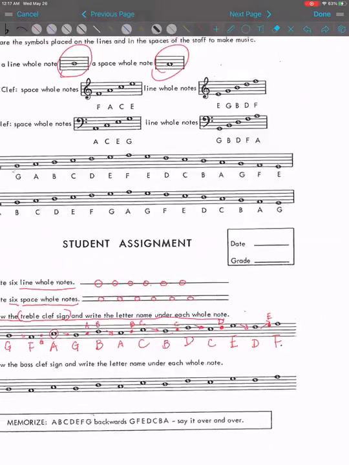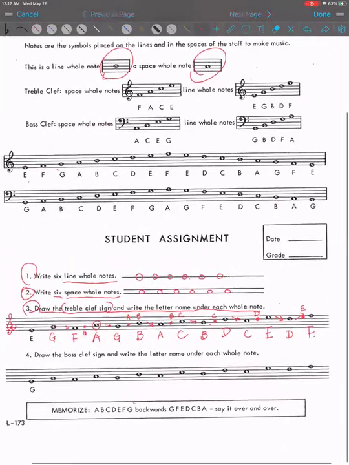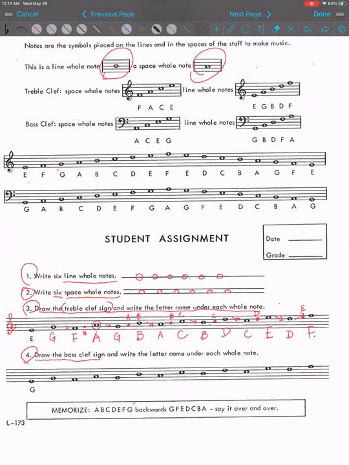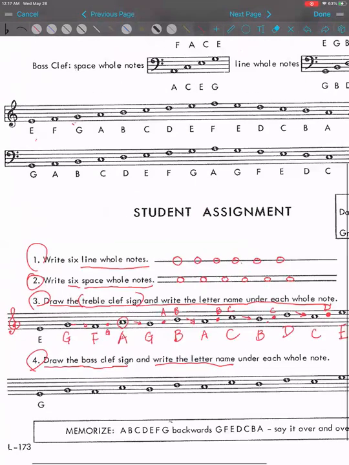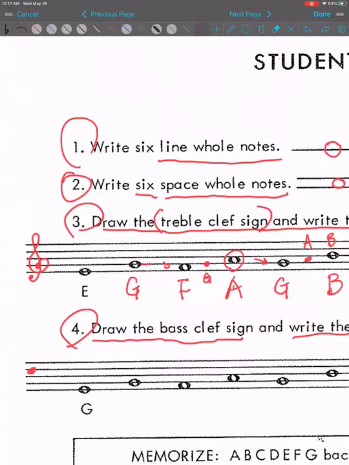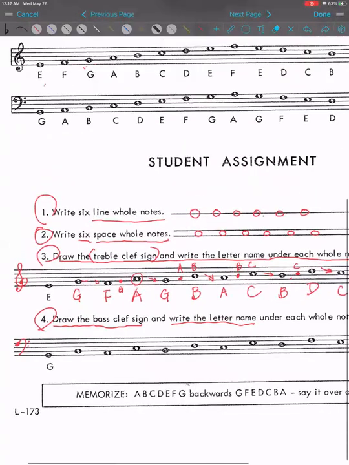So the same thing happens in question number 4. Draw the bass clef sign and write a letter name under each note. So we're going to draw a nice bass clef starting from the fourth line, with 2 dots. Then we're going to start counting.